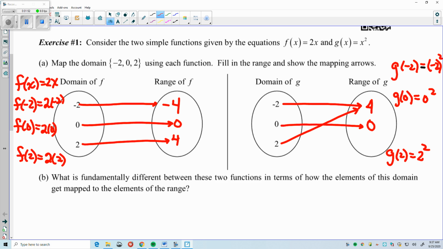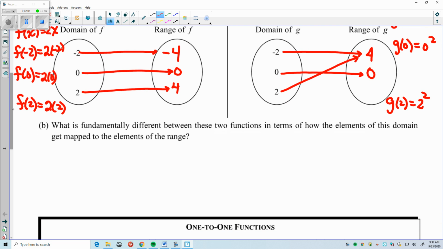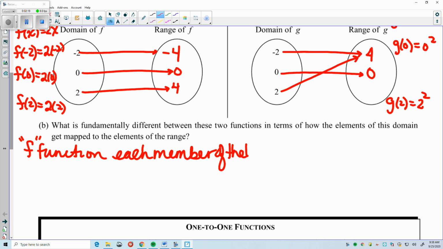It says, what is fundamentally different between these two functions in terms of how the elements of the domain get mapped to the elements of the range? Well, if we're looking at our f function, we could say each member of the domain has a unique member of the range.